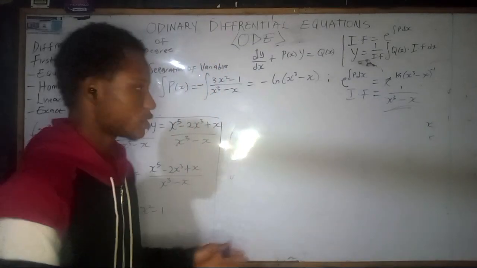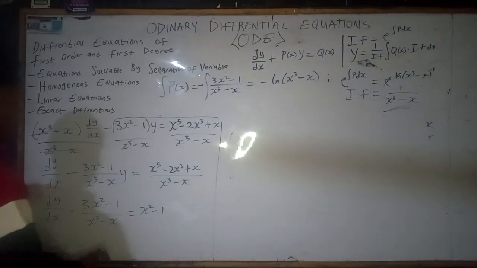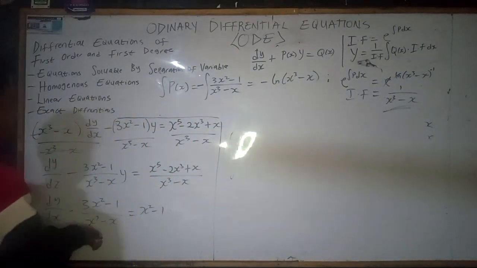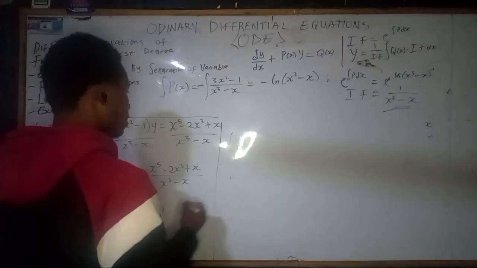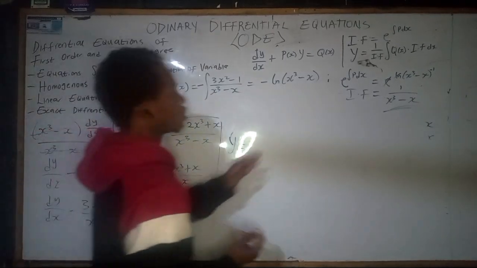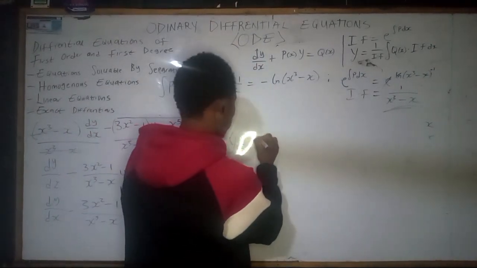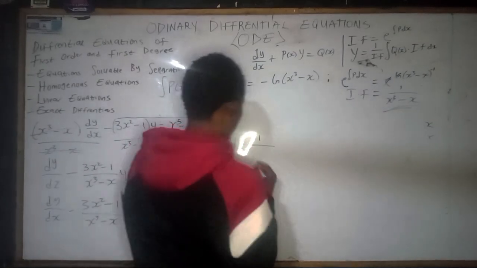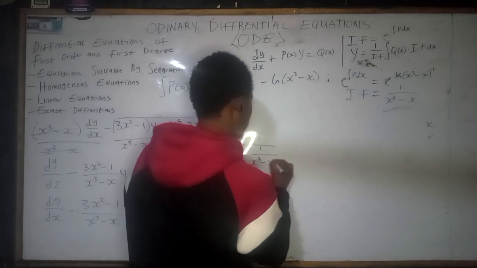Now that we have found our integrating factor, we can continue our integral here and put everything that is here into this particular form. So directly, we know that our y is equal to 1 over the integrating factor. So that is 1 over, what is our integrating factor? 1 over x cubed minus x.